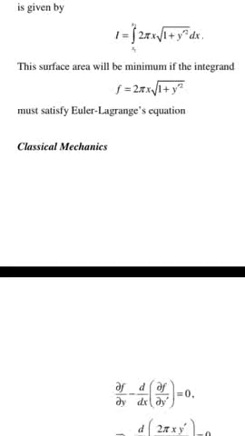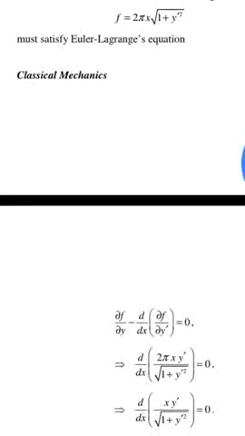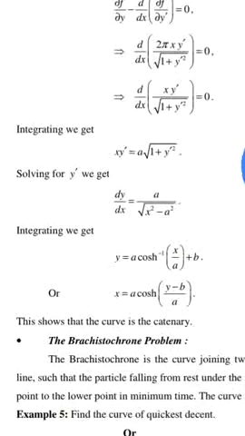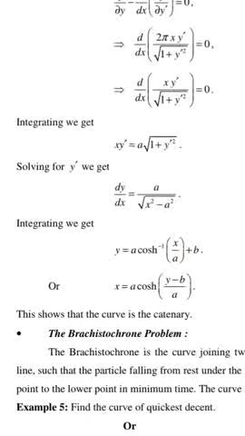The surface area will be minimum if the integrand f equal to 2 pi x square root of 1 plus y dash square satisfies Euler's Lagrange equation: del f by del y minus d by dx of del f by del y dash equal to 0. Here del f by del y is equal to 0.